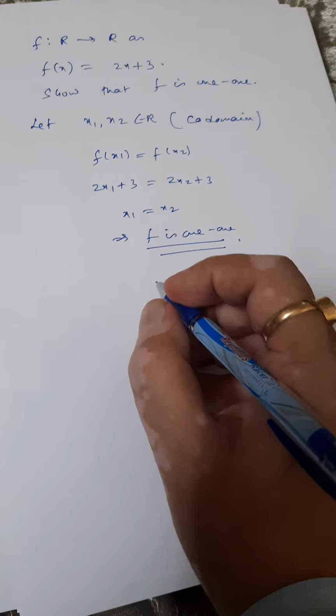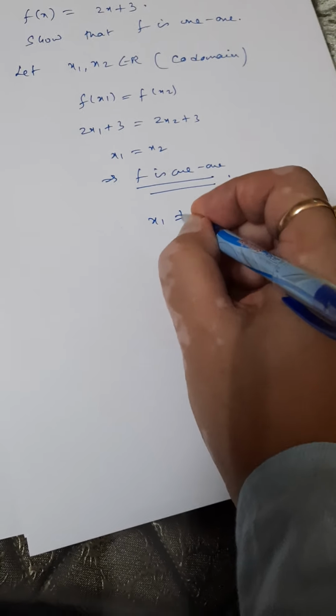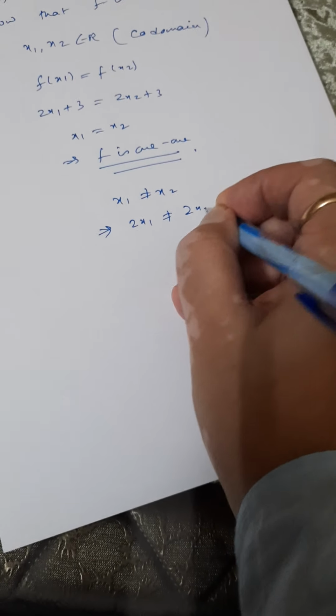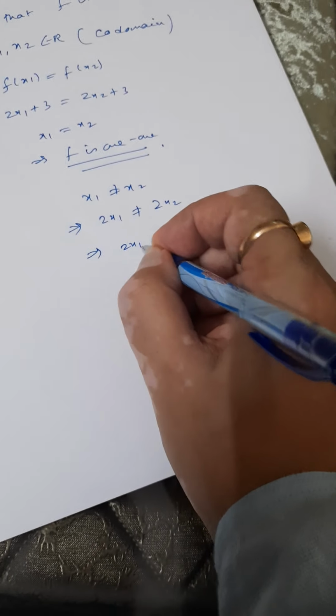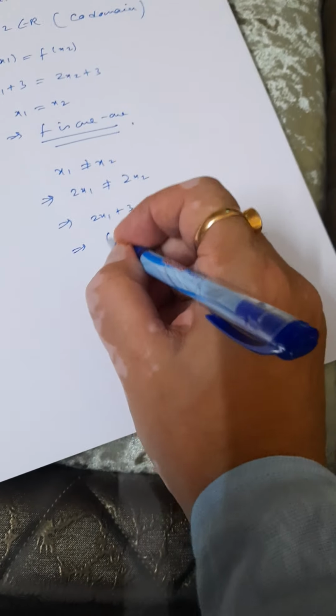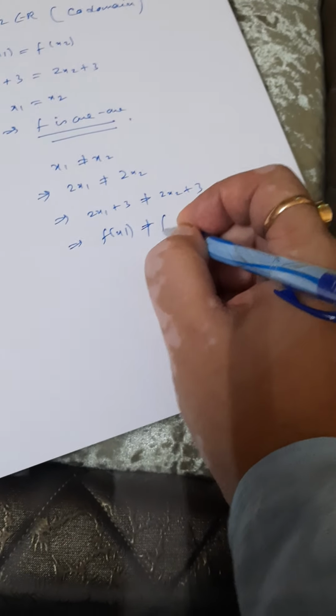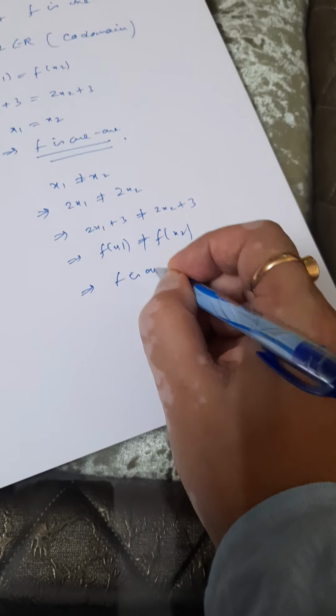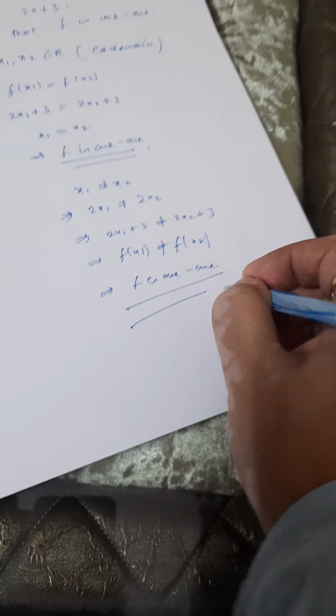Or when it's not equal, you have x1 not equals x2 implies 2x1 not equals 2x2 implies 2x1 plus 3 is not equals 2x2 plus 3 implies f of x1 is not equals f of x2 implies f is one-one. In exams, you can use both of the methods, no problem.